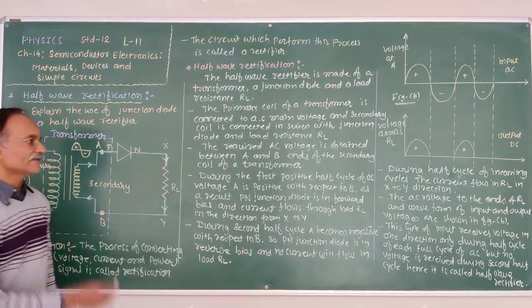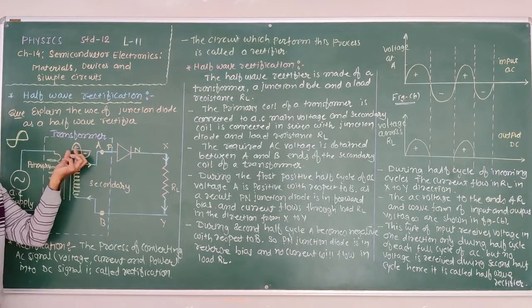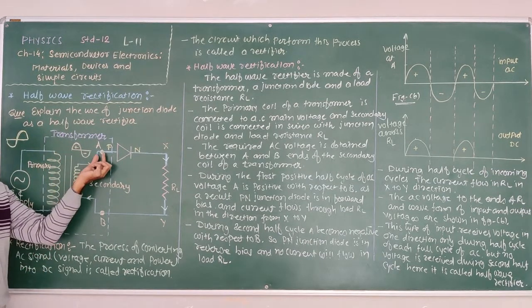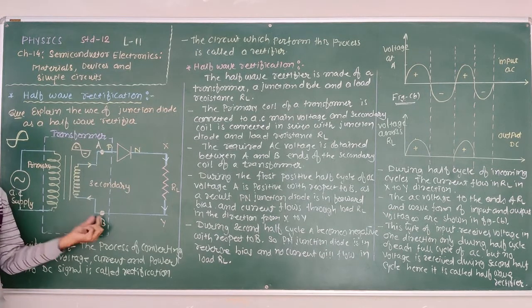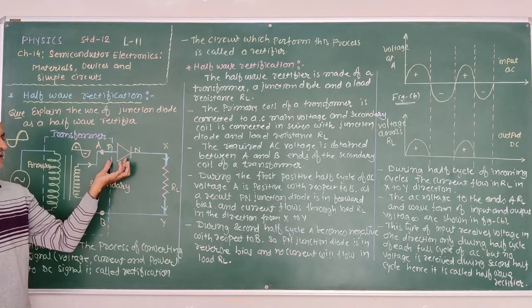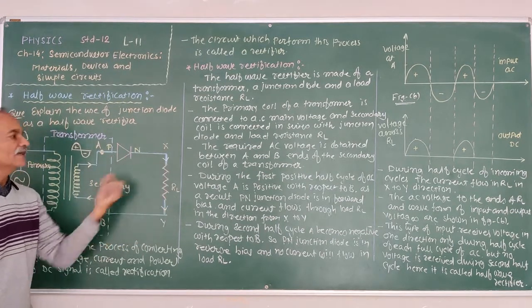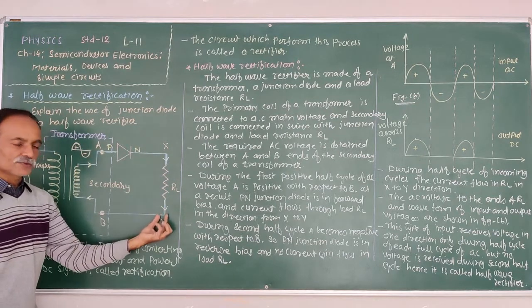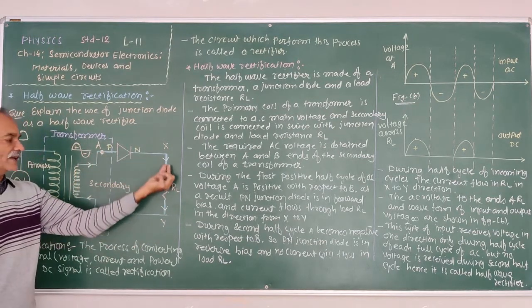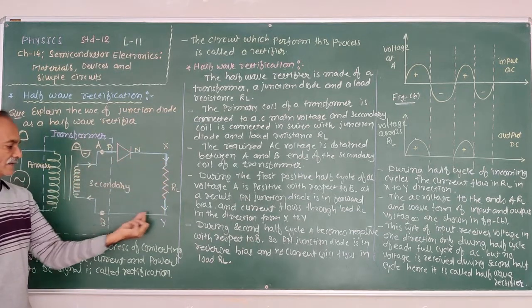Again, repeat it. During the first positive half cycle of the AC voltage, A is positive, B is negative. Thus, the PN junction diode is in forward bias, and current flows through the low resistance RL in the direction from X to Y. Actually, the current is flowing in this direction, which is shown by the arrow.